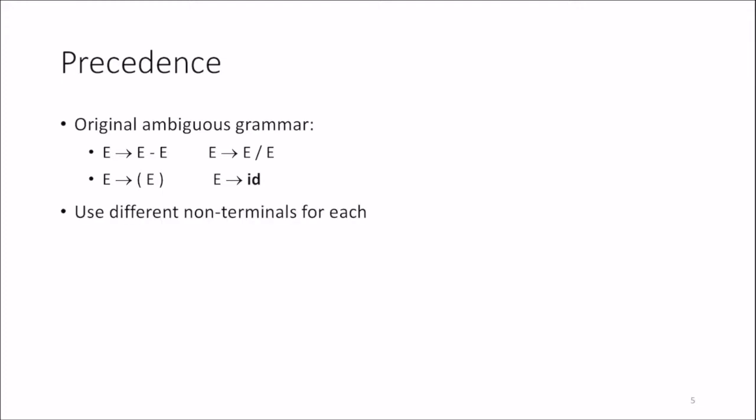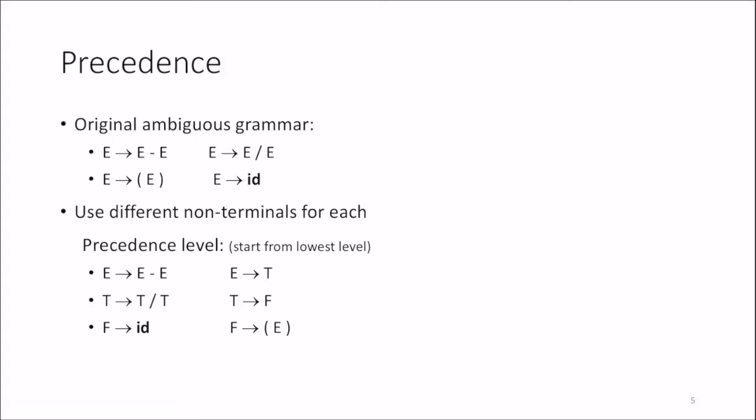And what we can do is use different non-terminals for each precedence level. So we start from the lowest level. The lowest level starts here, which is the parentheses. We call the rules that start with the left-hand side of F, which is short for a factor. And then the next level up, we have the division, which has higher precedence than subtraction. So we want to make sure it occurs lower down in the tree.